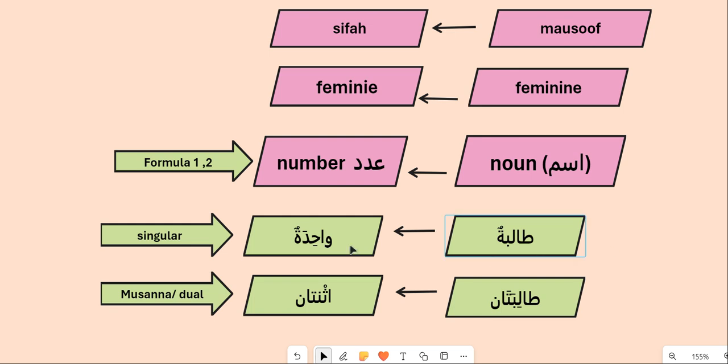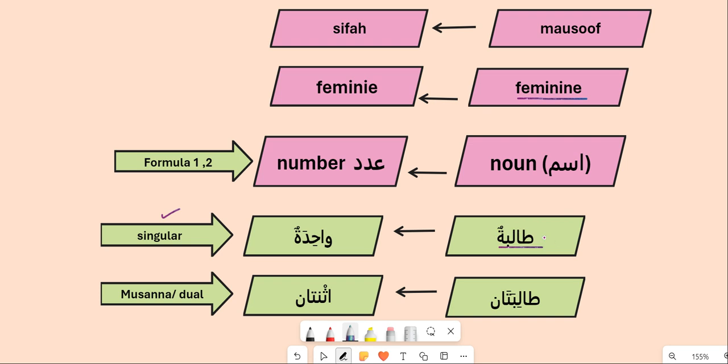So I have given you the singular example here as talibatun. Now you can see the mausuf will be feminine. So your mausuf is talibatun, and that is singular. We are doing number 1. Talibatun, that is one talibah.